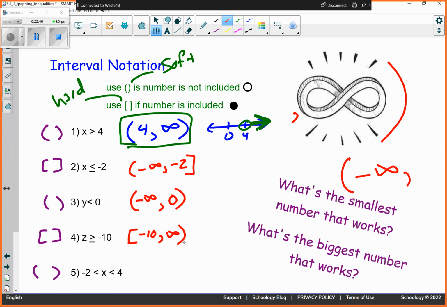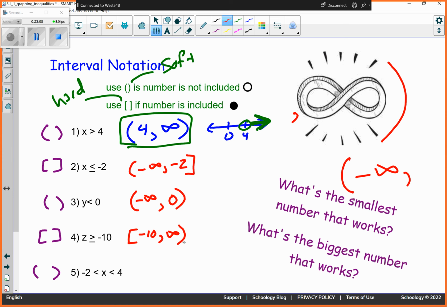Okay, so if you have that, the other side is going to be either both the same or one of each. Anytime you're dealing with infinity, you're going to have a soft bracket at the infinity side. Okay? This one has a hard bracket because we had the equal part.